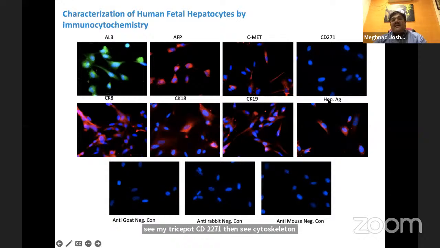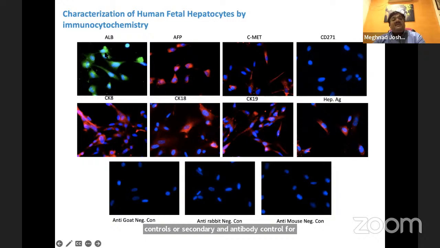As we have studied hepatocytes, we have also stained for hepatocyte antigen, and these are the controls, or secondary antibody controls, for all the staining.